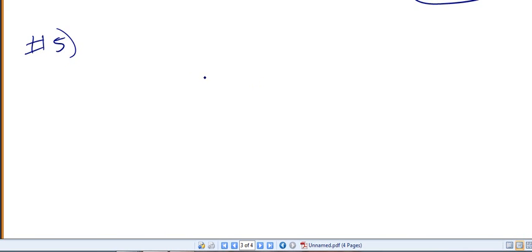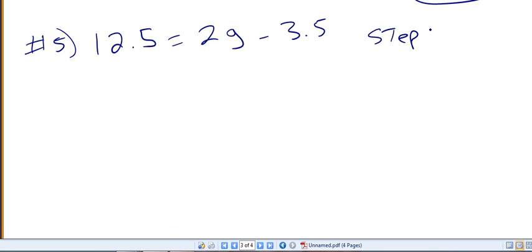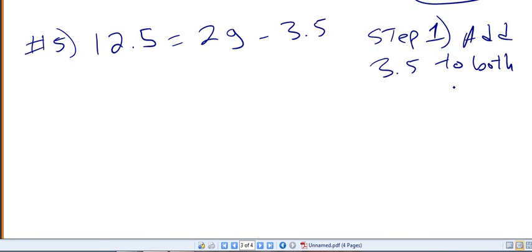So number 5, you've got 12.5 is equal to 2g minus 3.5. So step 1, add 3.5 to both sides of the equation.